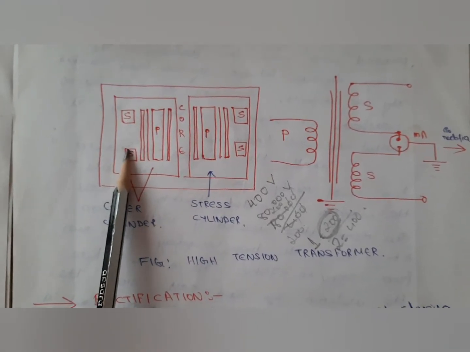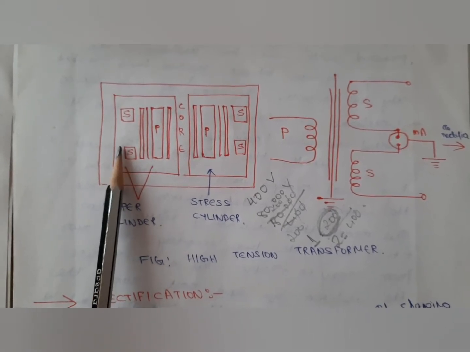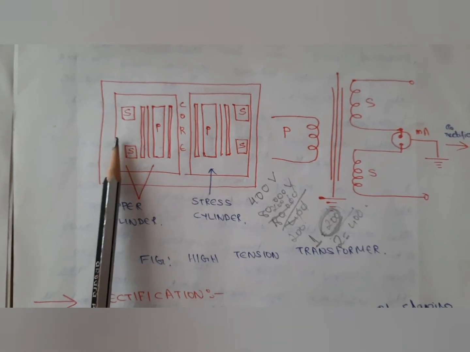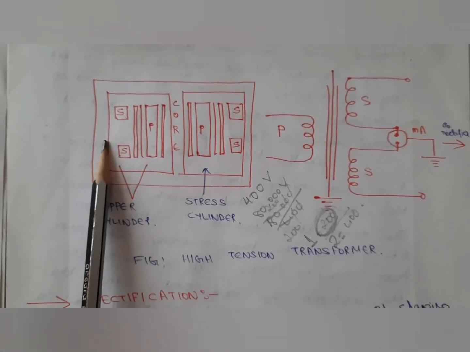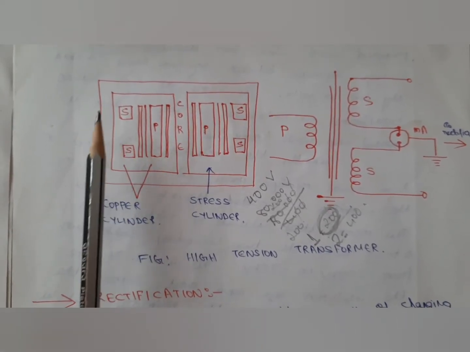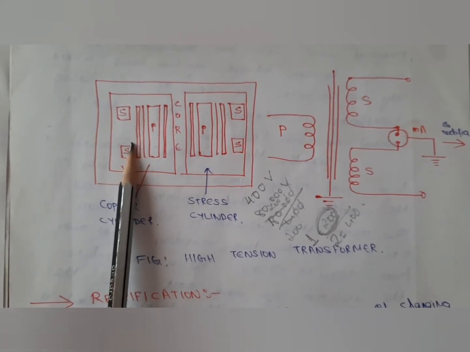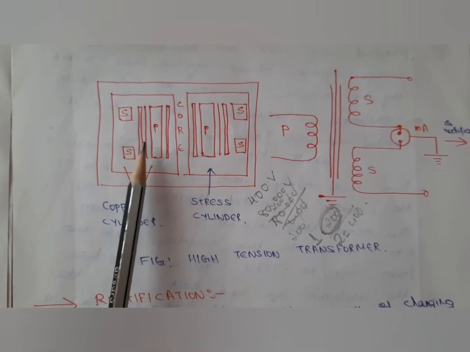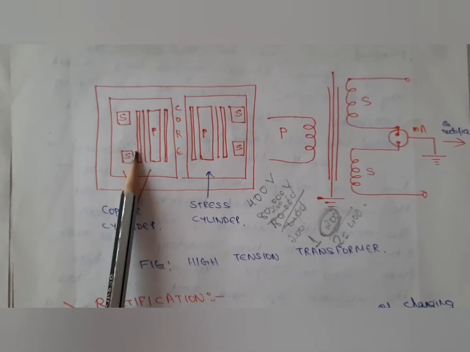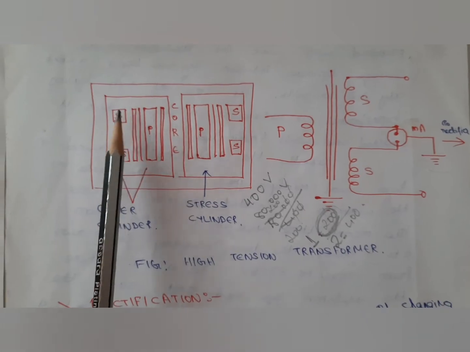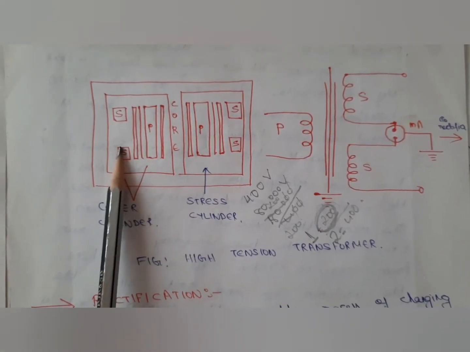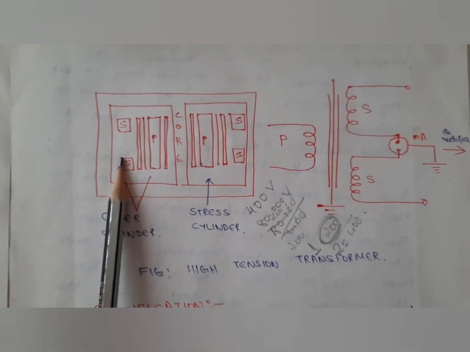Now coming to the secondary coil, it is made up of about 1 lakh turns of thin copper wire. This copper wire is coated with insulating varnish and wound on an insulating cylinder. Between the layers you will find a thin paper of wax which is used as an electrical insulator.